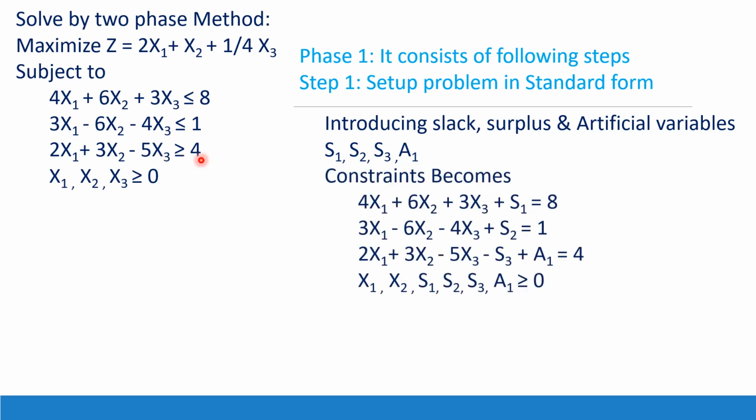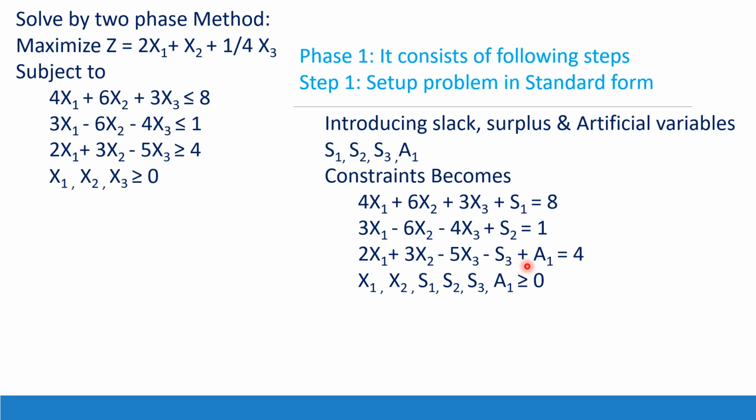After introducing the artificial variable, your constraints look like this. We have added S1 here, added S2 here, subtracted S3 here, and added A1 here. The artificial variable is only one, so the new objective function is the summation of the artificial variables.